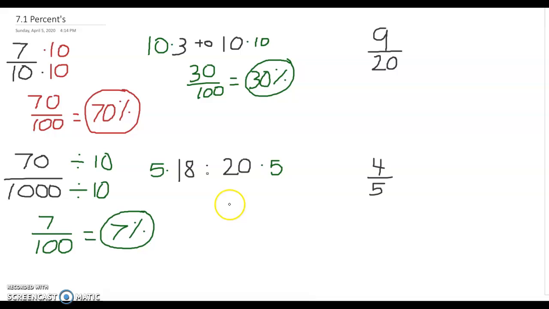And then this will give us 90 over 100, and this will now equal 90%.